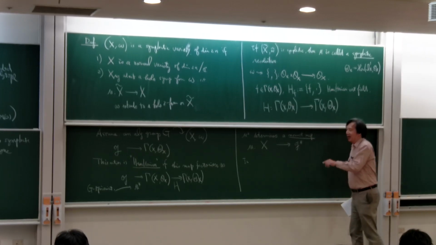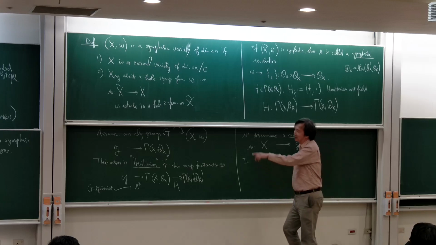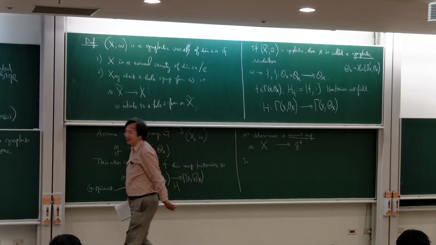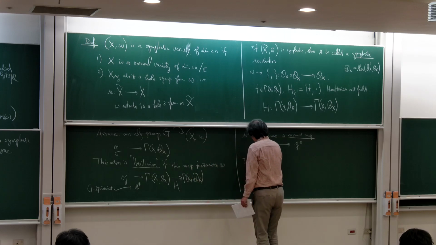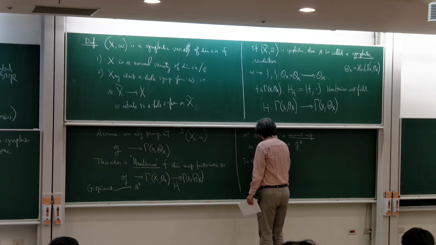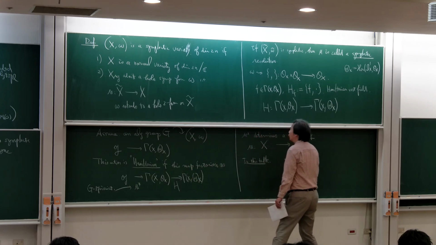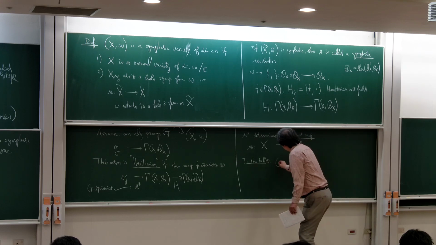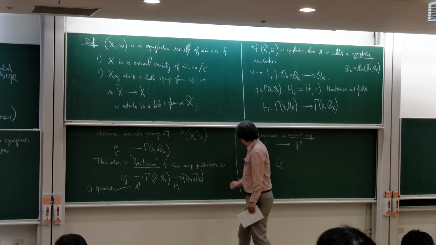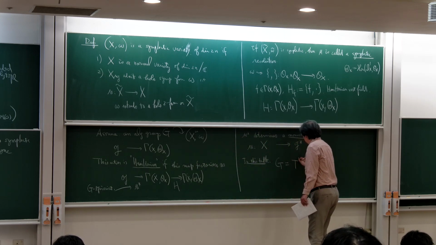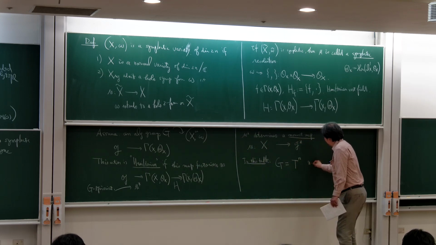But anyway, you can assume X is affine because I only treat the affine case. So in this talk, we assume the Hamiltonian action is by G, an n-dimensional algebraic torus.